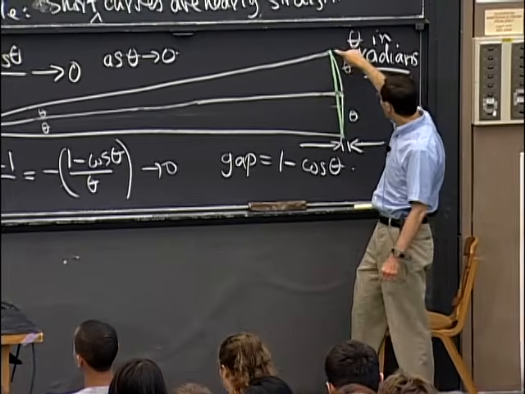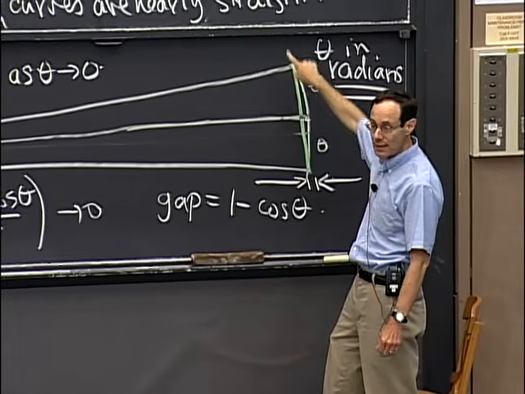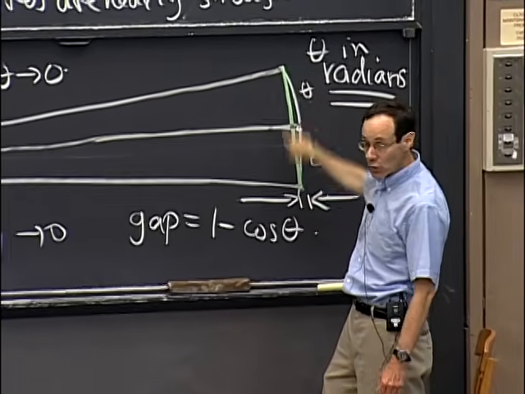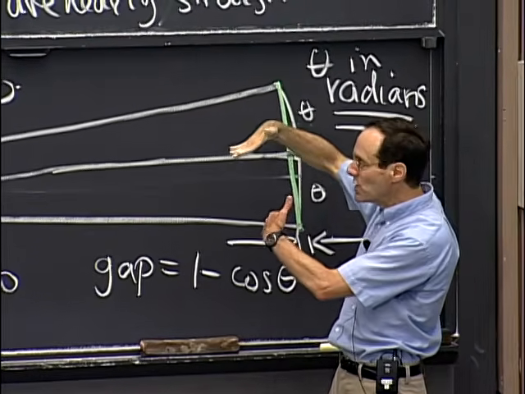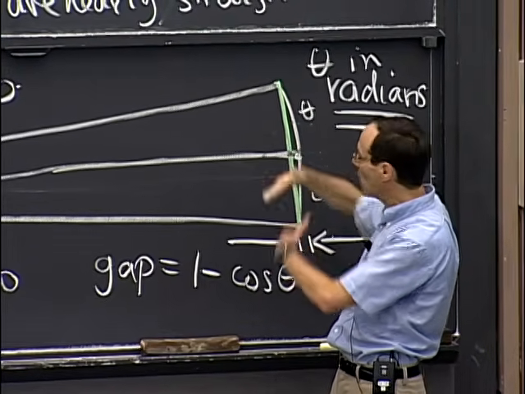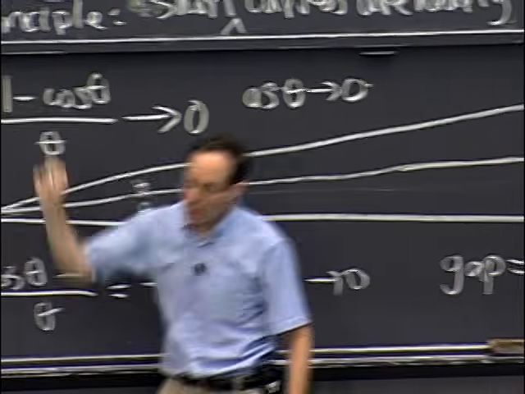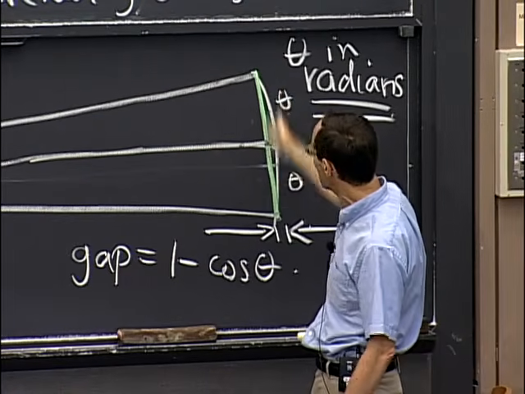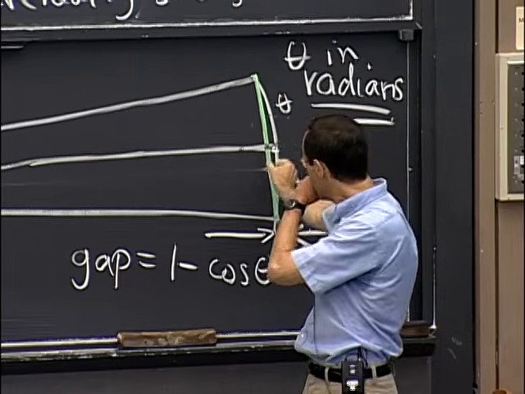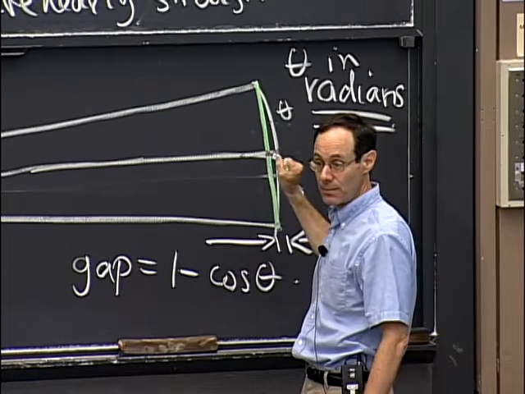If you stare at this, it's clear that this is much shorter than that vertical curve there. As theta gets smaller and smaller, this thing goes way farther away, and this vertical curve gets closer and closer to the green, so the gap between them gets tiny and goes to 0.